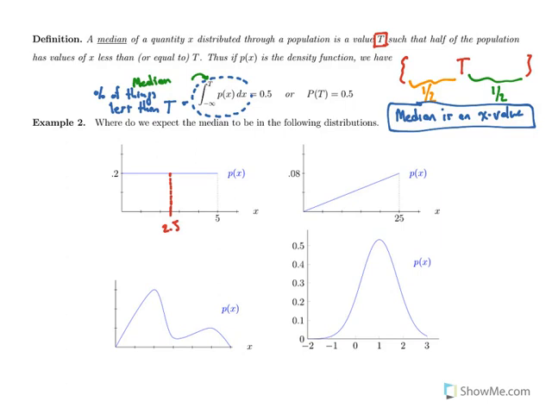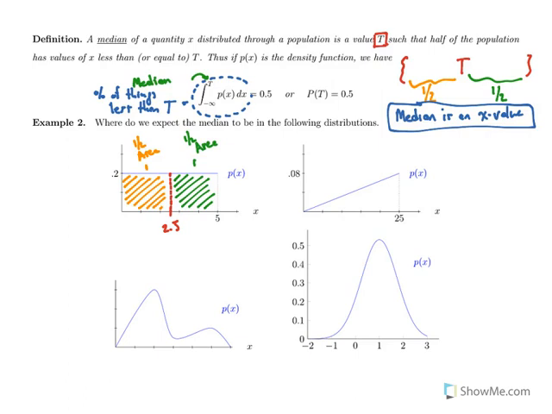Now, that's not always going to be the case, but for this one, we know it's the case because the area on the left is equal to the area on the right, which means that 2.5 is right in the middle. So this is half of the area, and this is also half of the area.